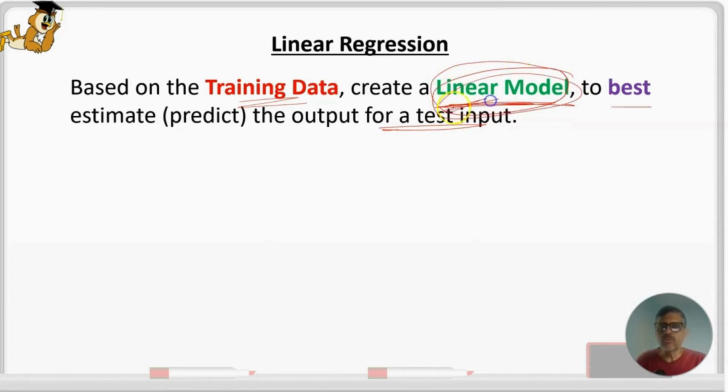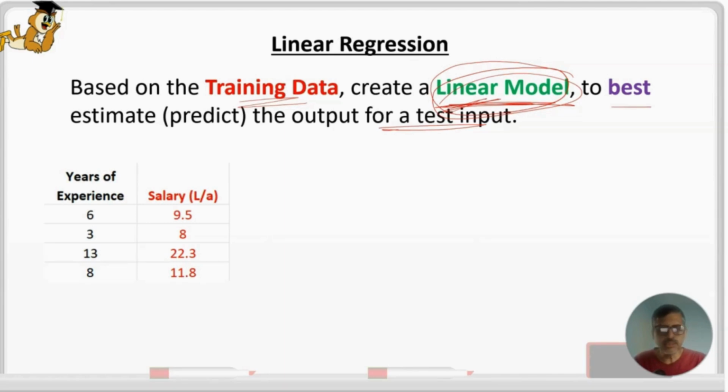We will talk about what a linear model is, but linear regression deals with creating linear models to model the input-output characteristics of the training data and thereby predict the output for a given test input.